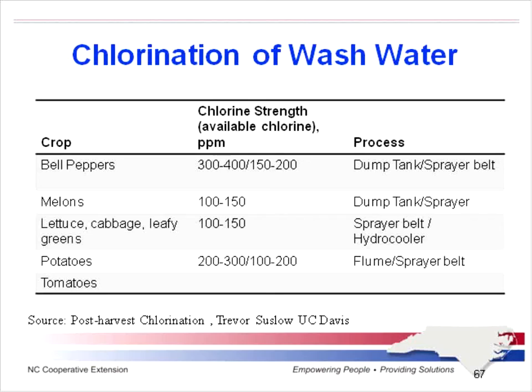So for example, in bell peppers, we're shooting for between 150 and 200 ppm chlorine, free chlorine on the sprayer belt. In the dump tank, it would be 300 to 400 ppm. For melons, it's 100 to 150 in both the dump tank and the sprayer.